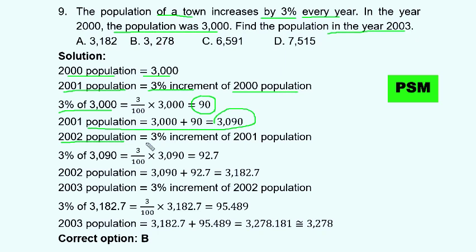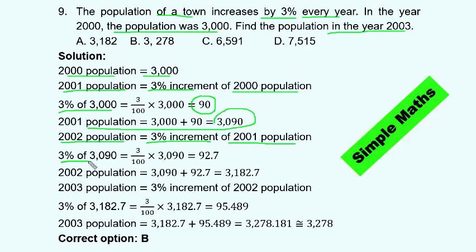Then we move to the year 2002. The population is now 3% increment of the year 2001 population. You compute 3% of 3,090, and that is 92.7.